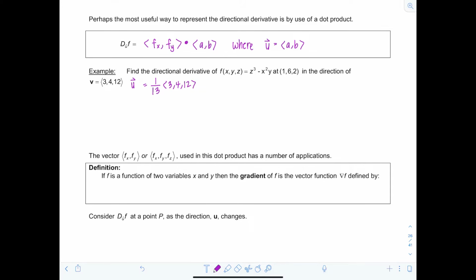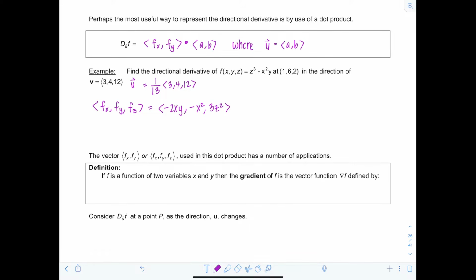All right, now let's find our vector of partial derivatives. I need the partial with respect to x, y, and z. The partial derivative with respect to x is negative 2xy. The partial with respect to y is negative x squared, and the partial with respect to z is 3z squared.